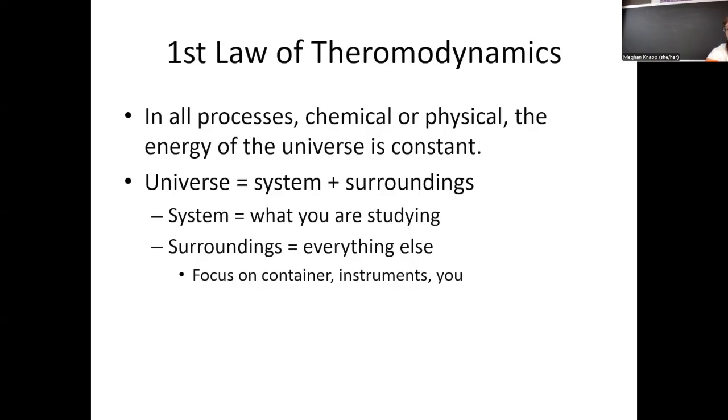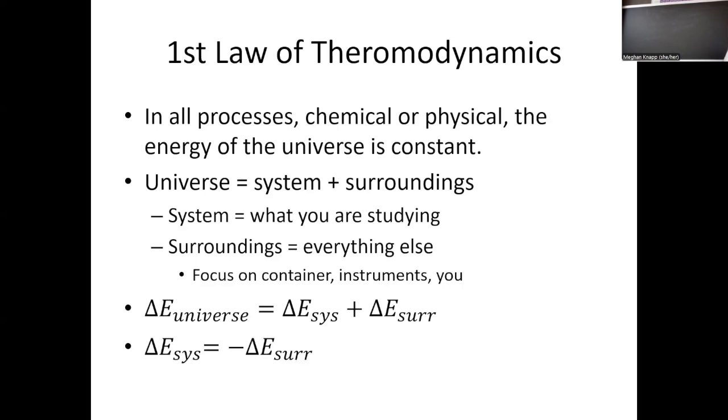Okay, so the change in energy of the universe is the change in energy of both things, but that's equal to zero. So if that's equal to zero, we can say whatever happens to the system is the opposite of what's happening to the surroundings.